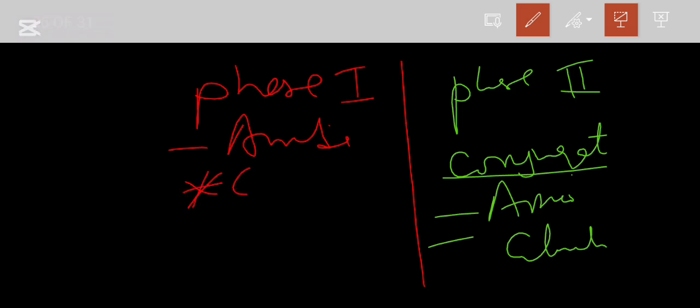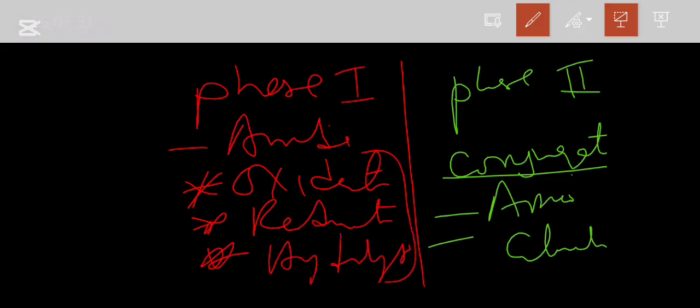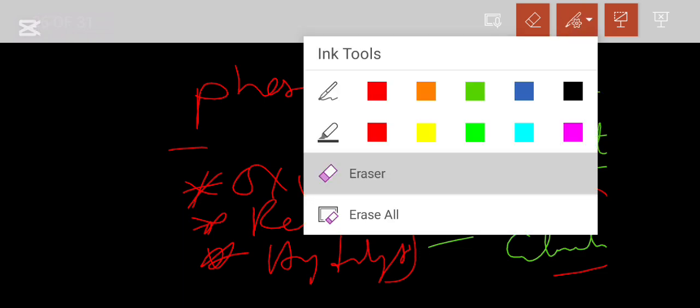So usually we have oxidation, reduction and hydrolysis. These are 3 major processes that are in phase 1, and these are some of the processes that are in phase 2. That's basically it. Let me emphasize the point: we have different kinds of medications that undergo this kind of metabolism.